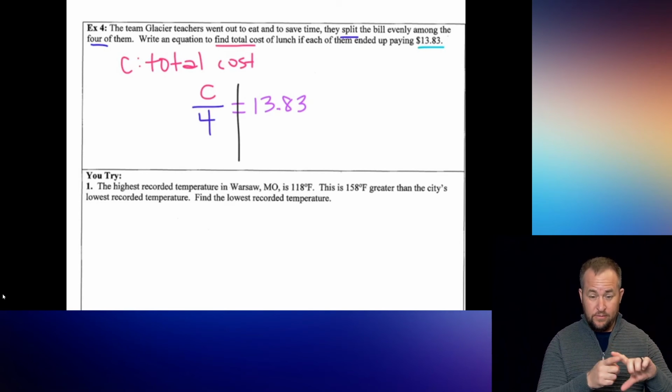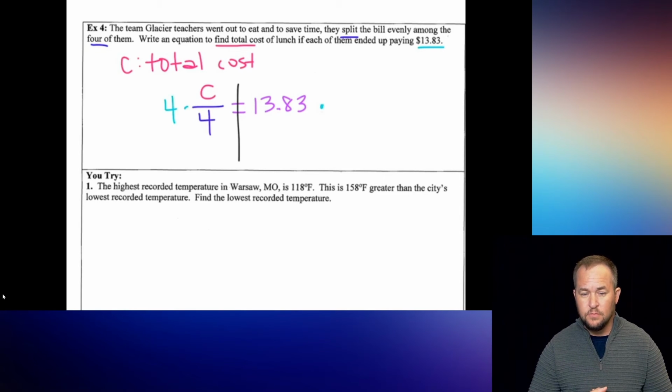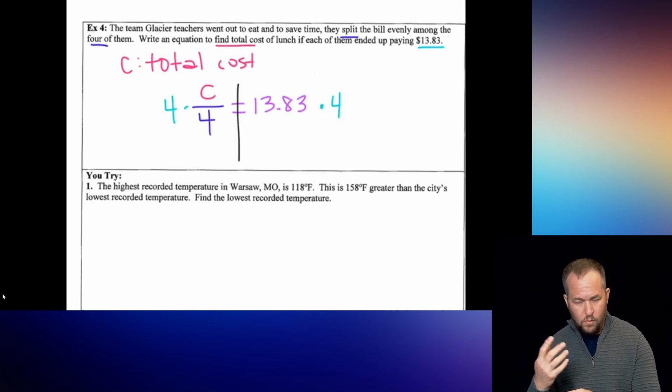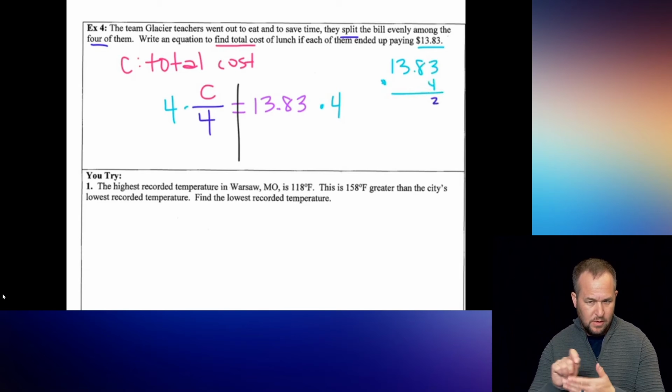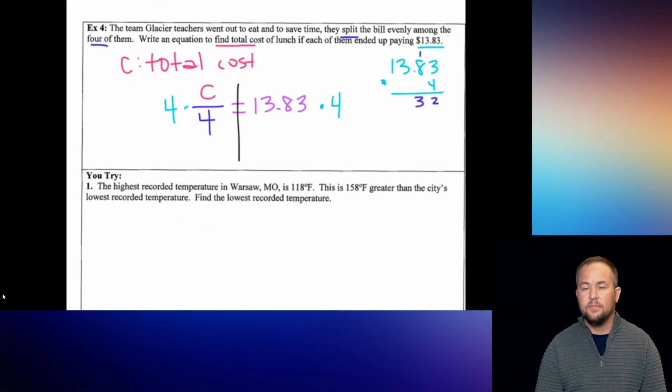I know the opposite, or the inverse operation, of dividing by 4 is multiplying by 4. So when I multiply both sides by 4, I end up with $13.83 times 4. I'm going to do this quick math over here. 3 times 4 is 12, 3 times 4 is 12, plus 3 more is 15.